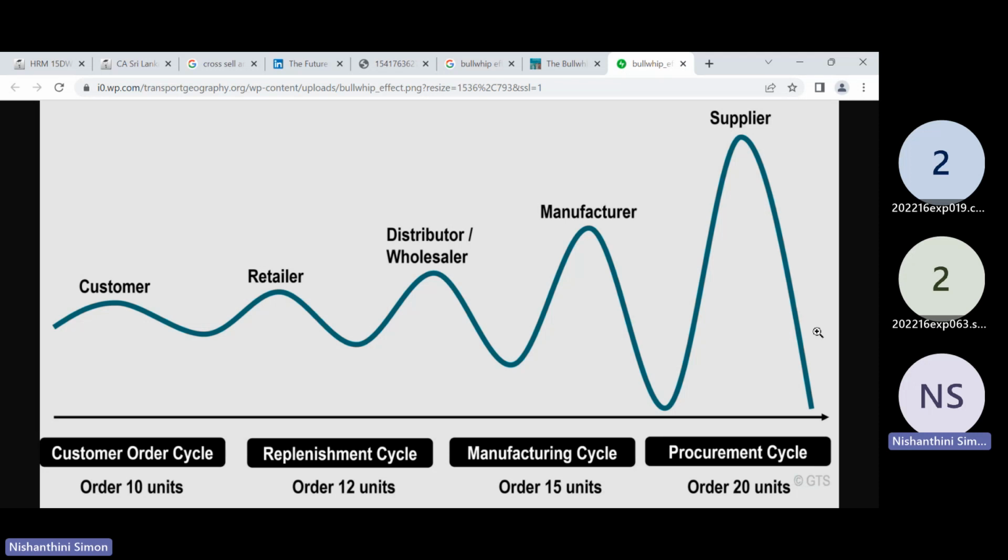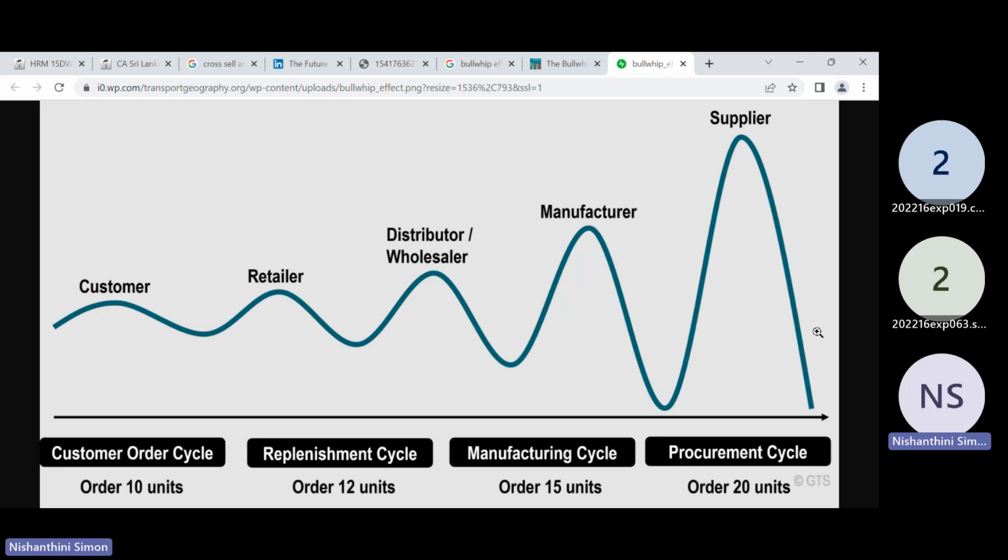Now the wholesaler is thinking, okay, 12 came from this retailer, but to be on the safe side, I will order a little more. So he is going to order some more. And when it goes to the manufacturer, now finally he is getting an order for 15.